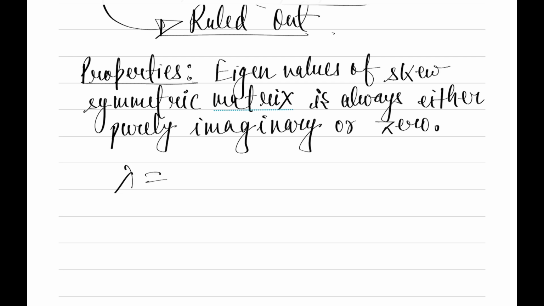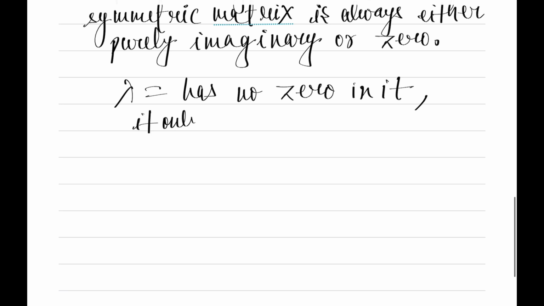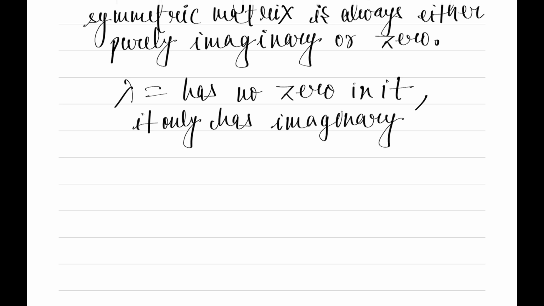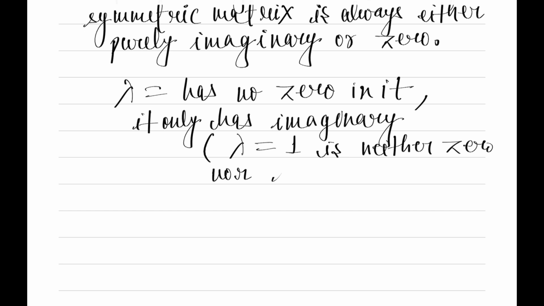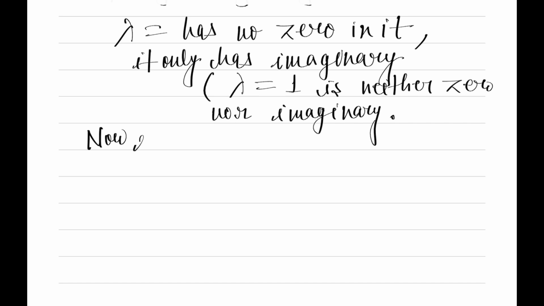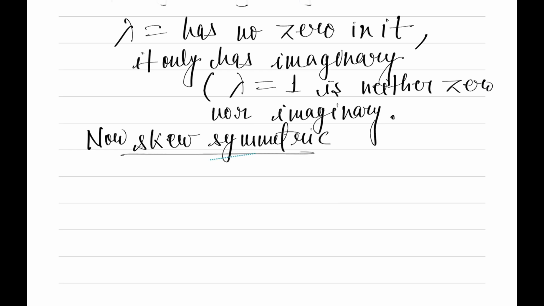That is, lambda has no real part in it. It only has imaginary values, but lambda equal to 1 is neither 0 nor imaginary. Now skew symmetric is ruled out.